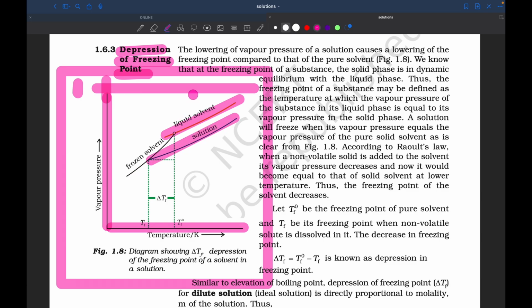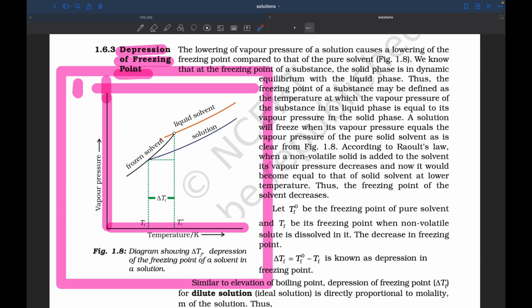If you connect this point to the x-axis which has temperature, you get the temperature here. But for solution, this point is connected to the x-axis here, which is less than the previous one. So this difference is called delta TF.